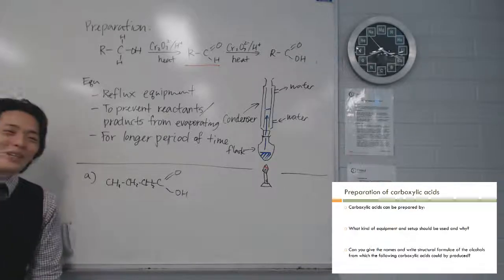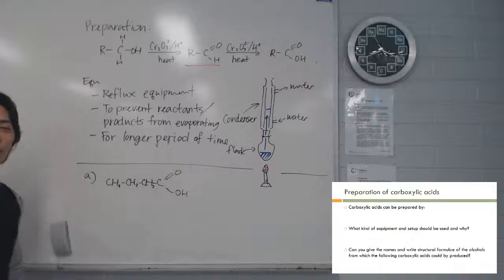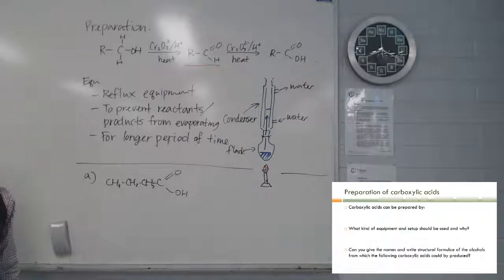How many carbons are in the chain? 4. Okay. Good. So what's the name of this carboxylic acid? Butanoic acid, and that's it.